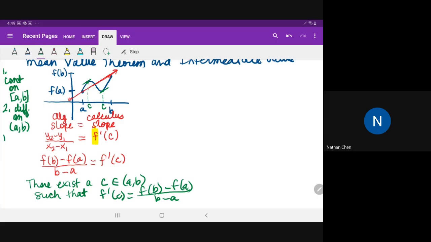And then Rolle's theorem adds number 3. So for Rolle's, you add number 3, and 3 says that f of b equals f of a. And then you could just use mean value theorem for Rolle if you wanted to. And then this will happen. So if the function is continuous, and if it's differentiable, this is how it happens.